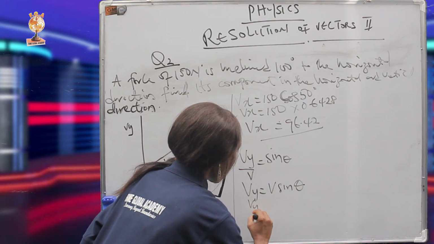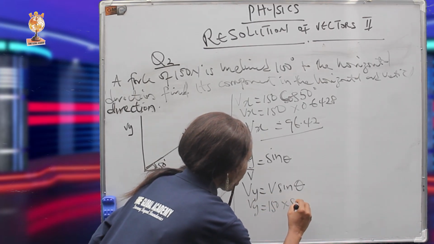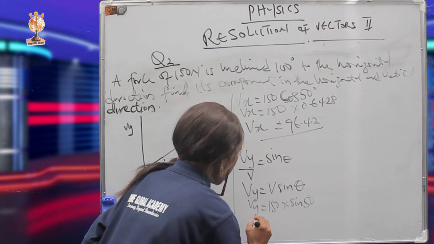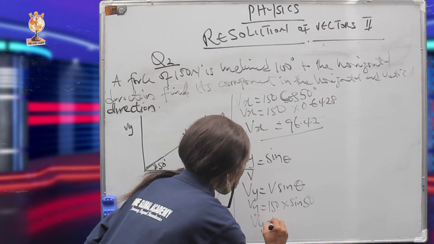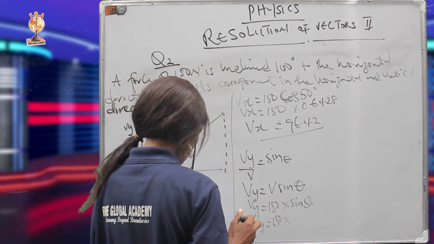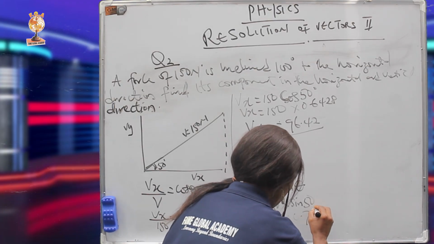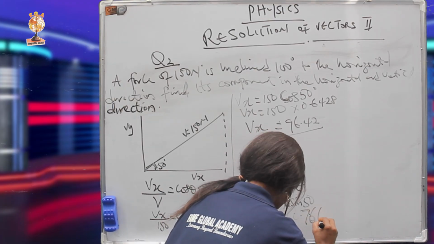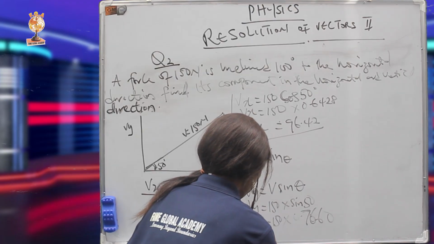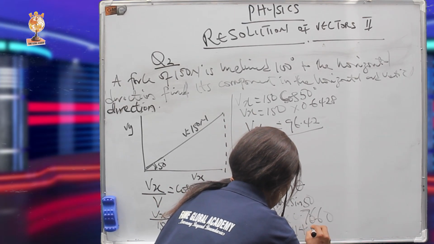So Vy is equal to, V is 150, times sine 50 degrees. Sine 50 degrees is 0.7660. Vy becomes 114.9.